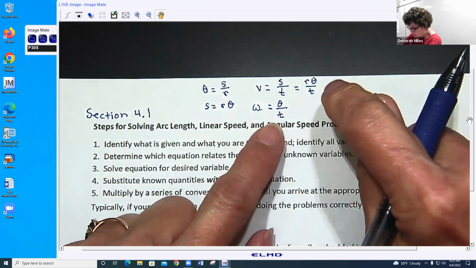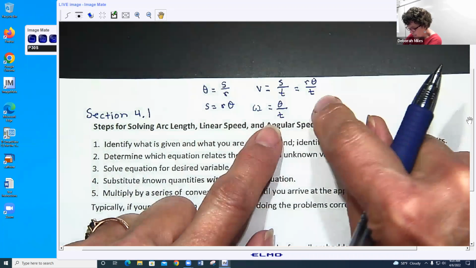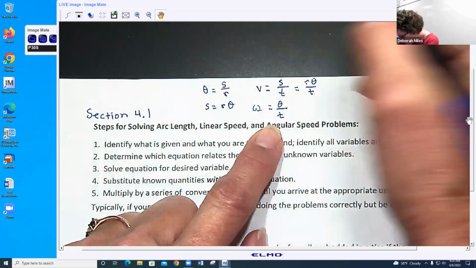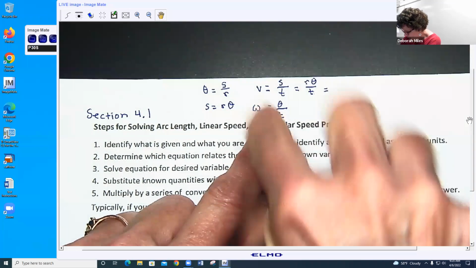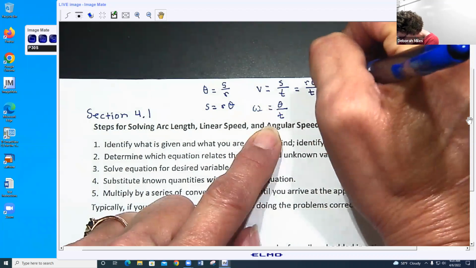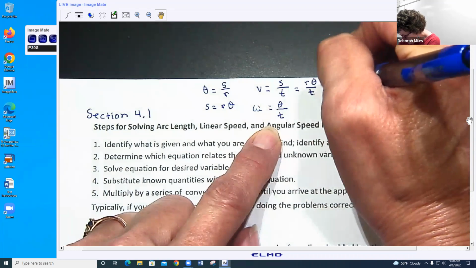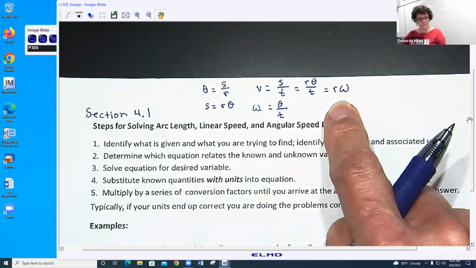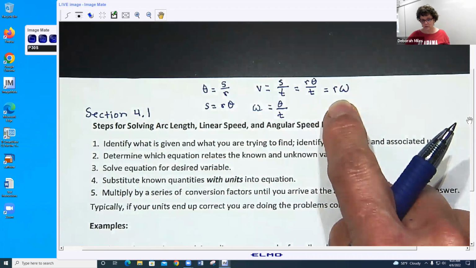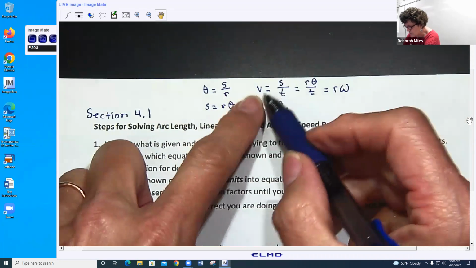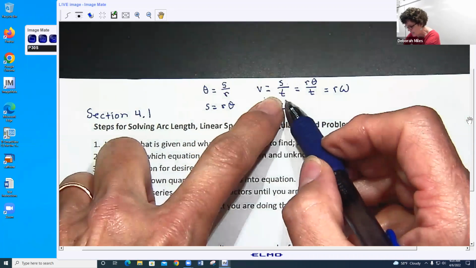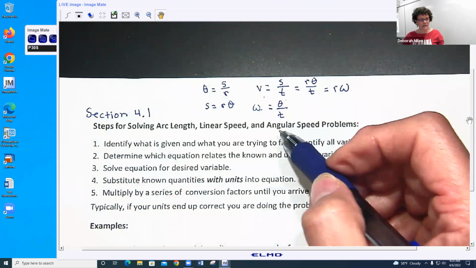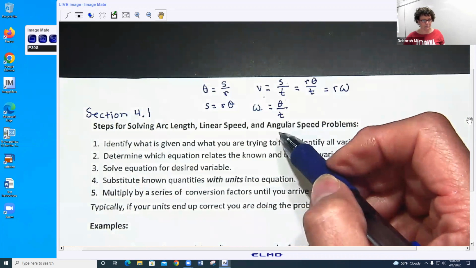And that theta over t is your angular velocity. So velocity is r times omega. All right. If you understand the variables, if you understand that this is just distance divided by time, and this is an angle divided by time, then you can get all those formulas easily.